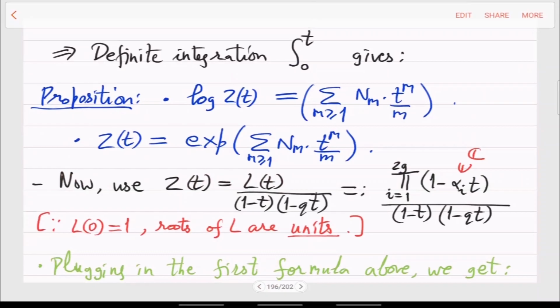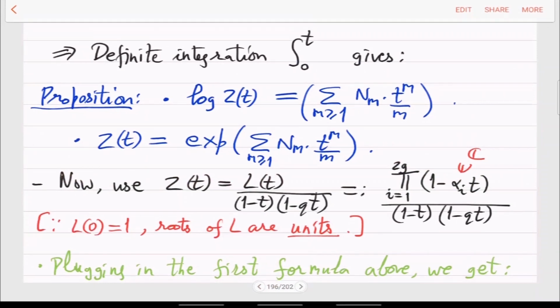So after that we have shown this connection of zeta function with counting points. So Z(t) is equal to the exponential of the generating function.